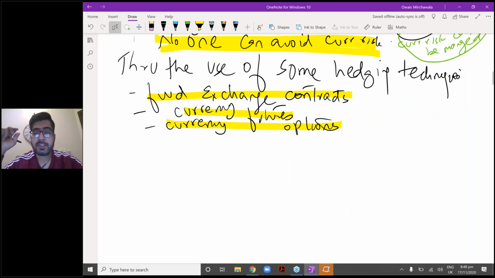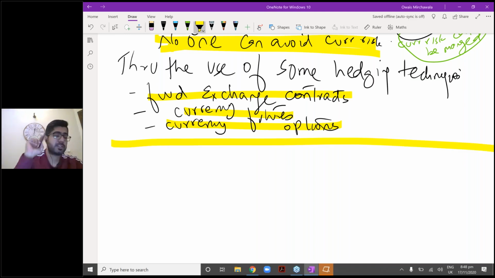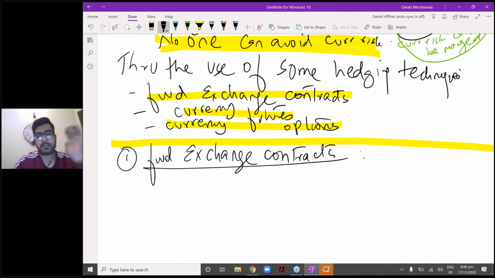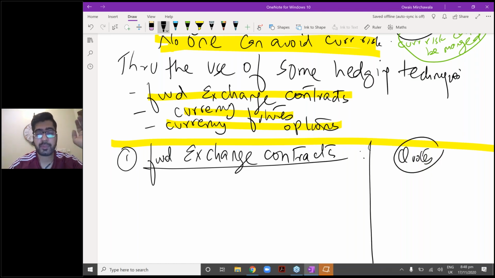So I told you that currency risk can never be eliminated or avoided. It can just be managed, and it is managed through 3 commonly used and examined techniques: currency futures, options, and forward exchange contract. Now the first technique is called forward exchange contracts. Okay, now remember, to solve any of the techniques you need information about the quotes, which we discussed in the last session, that if foreign currency is in numerator, local currency is in denominator, we call it indirect quote.